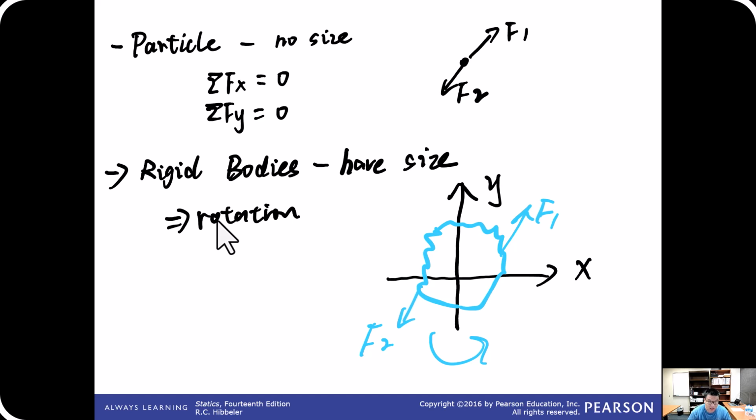So therefore, we definitely need some extra equations to make a rigid body in a stable status. So to make a rigid body in equilibrium, sum of the F equals to 0.